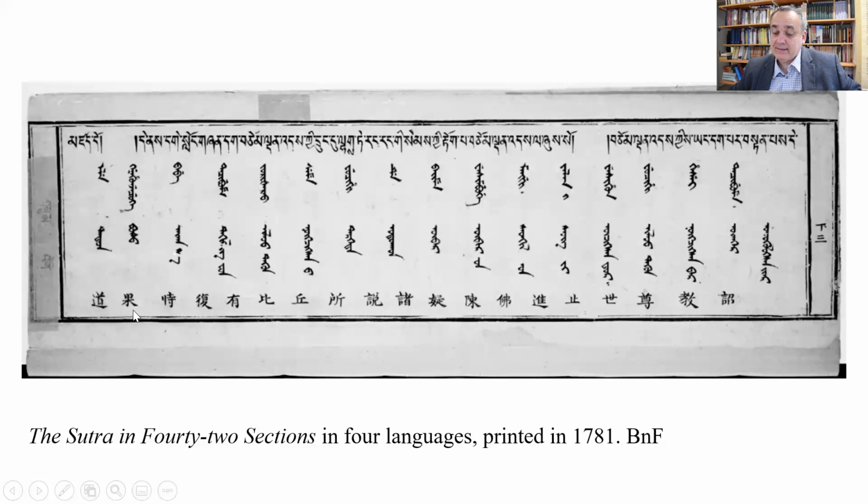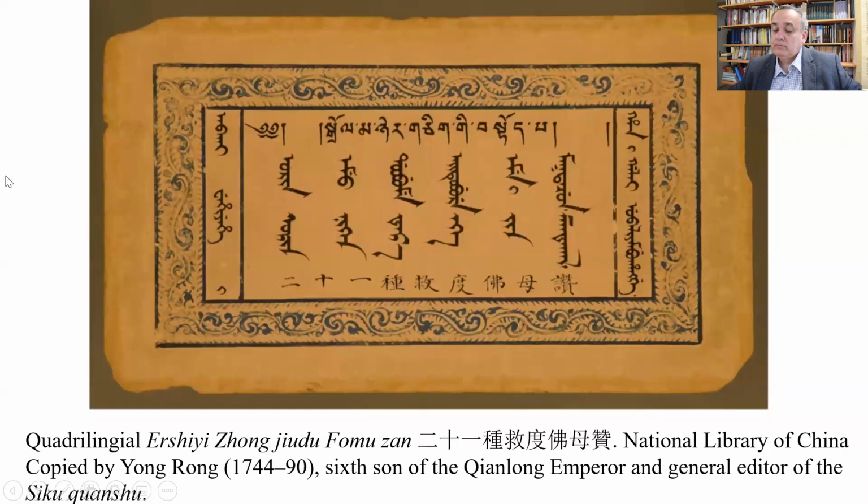And you can see that this text very clearly goes from left to right. So like the word biqiu for monk, biqiu suo shuo, is written from left to right. And so with this, we are towards the end of the 18th century. This is a print that is today at the Bibliothèque Nationale in Paris.